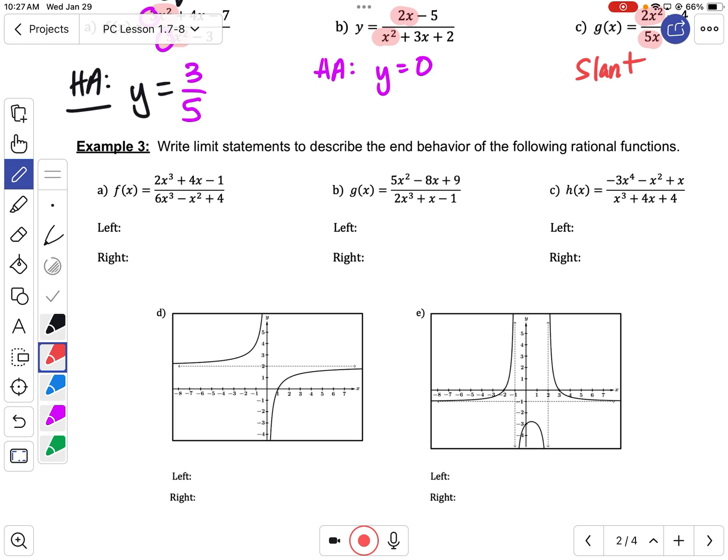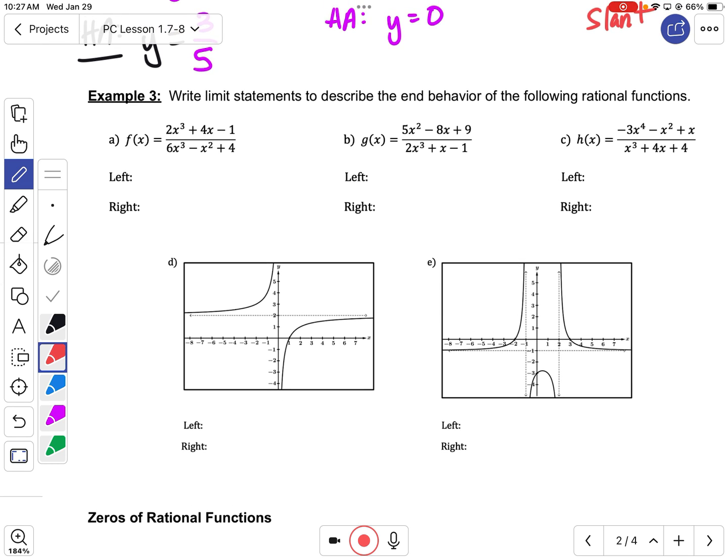On A, I've got f of x equals 2x cubed and some stuff over 6x cubed and some stuff. So still, we're looking at those highest degree terms. So I have 2x cubed and 6x cubed. Is it going to have a horizontal asymptote? Yes. They're equal, so what would my horizontal asymptote be? 2 over 6, which would be 1/3.